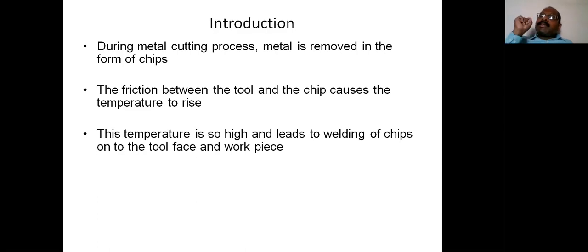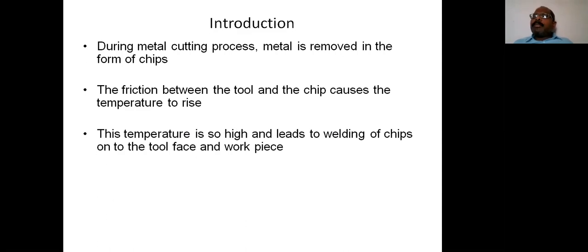When the temperature increases to a stage where the joining surface reaches a molten state, it immediately leads to welding. The reason I explained the importance of this definition is that in the machining process, whenever the chip is removed by the cutting tool, as the tool continuously moves over the surface to be machined, the temperature increases.